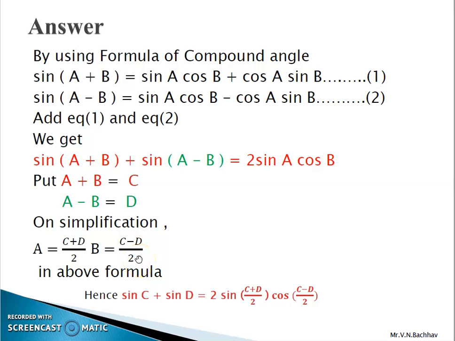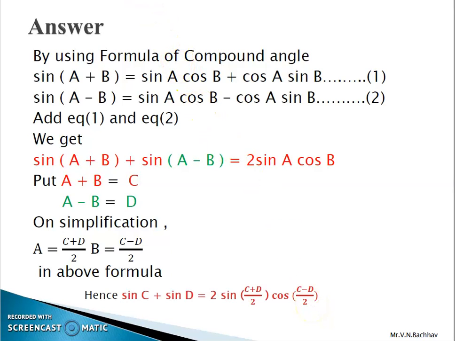We put these values, a plus b is equal to c, a minus b is equal to d, and a is equal to (c plus d) by 2 and b is equal to (c minus d) by 2. We get sin c plus sin d is equal to 2 times sin (c plus d) by 2 cos (c minus d) by 2.